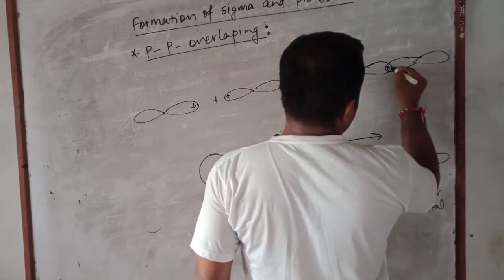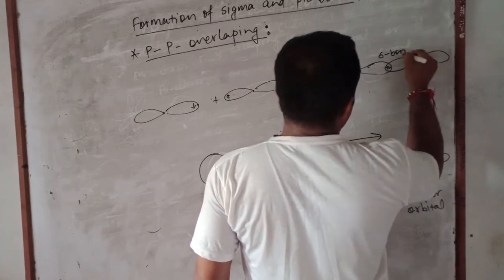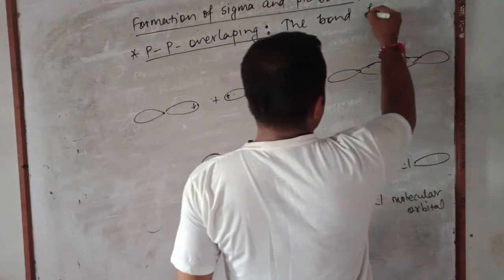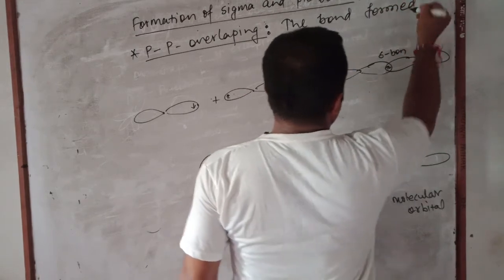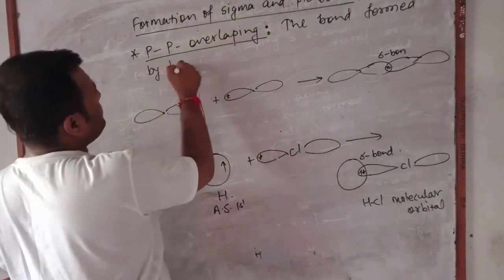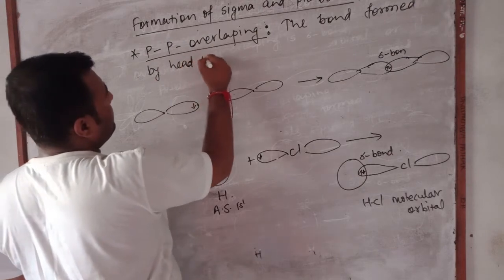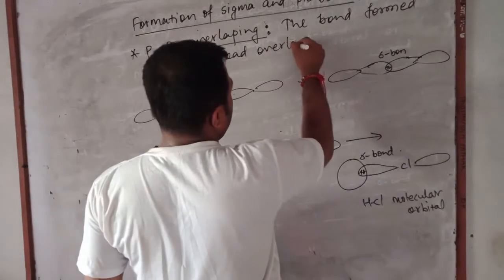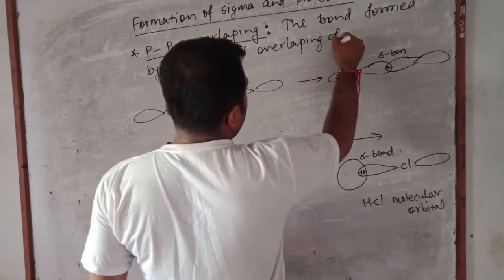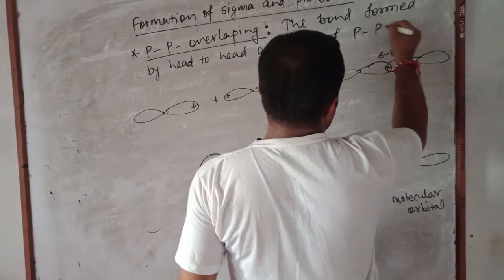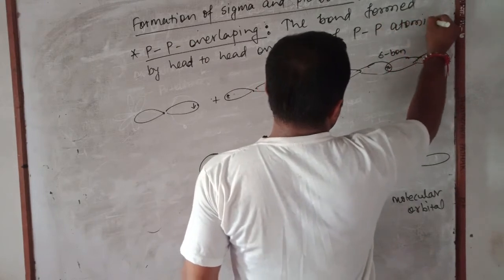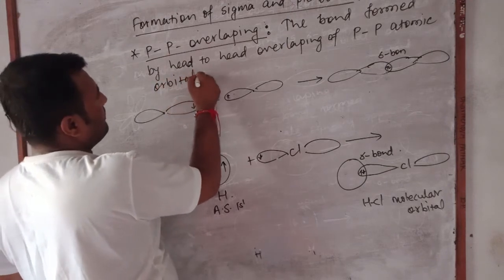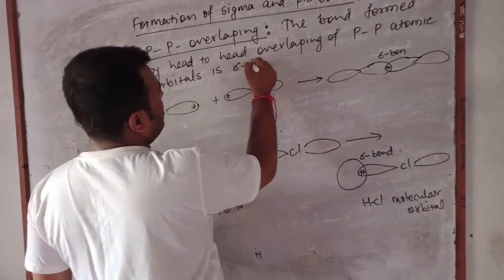And the bond formed is a sigma bond, and here we write the bond formed by head-to-head overlapping of pp atomic orbitals is a sigma bond.